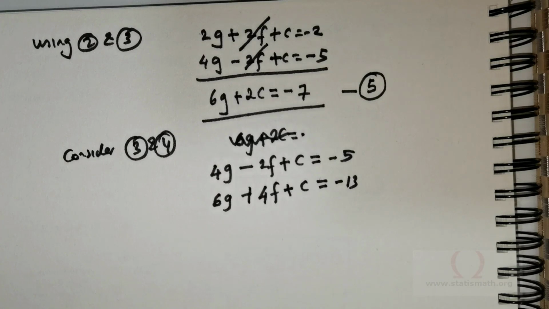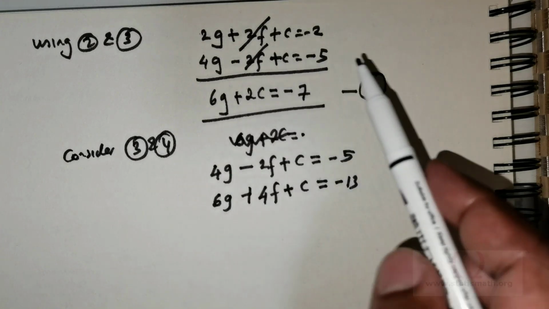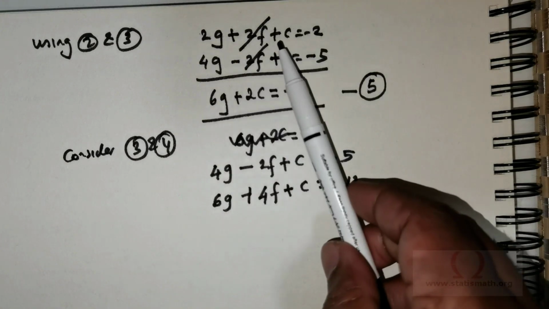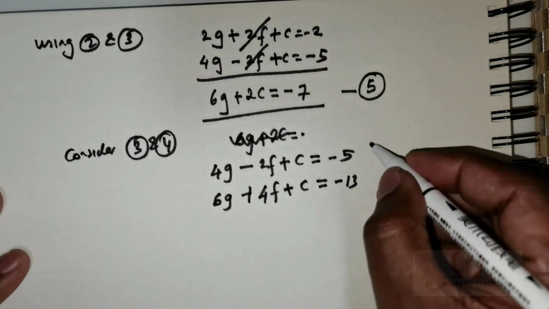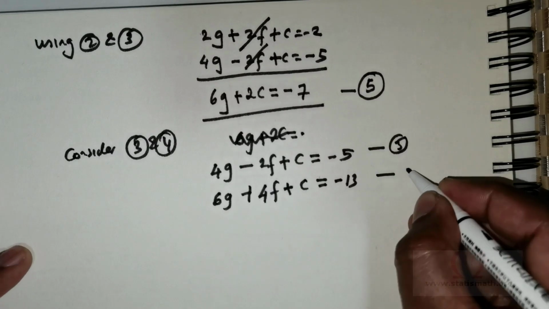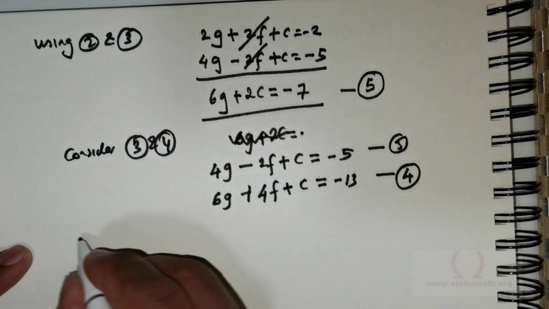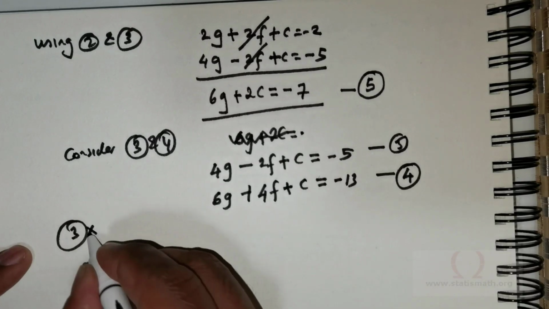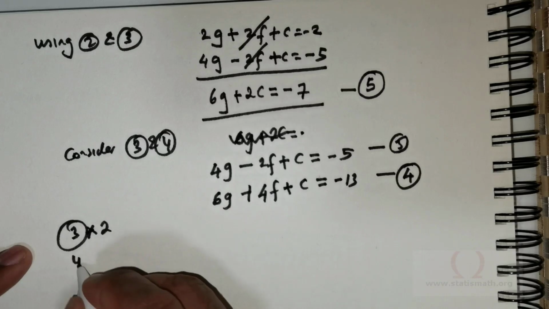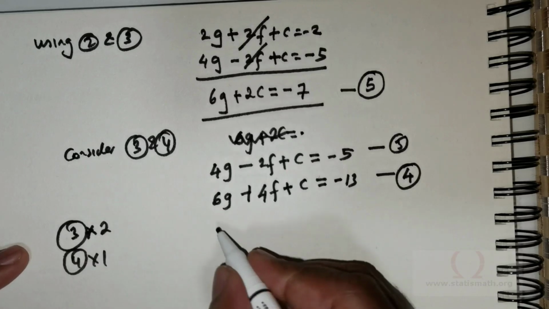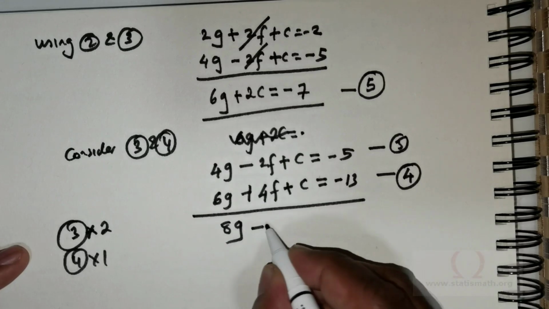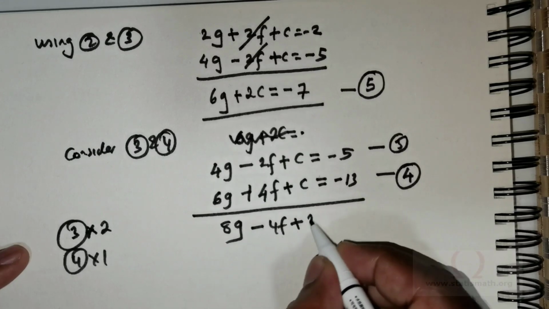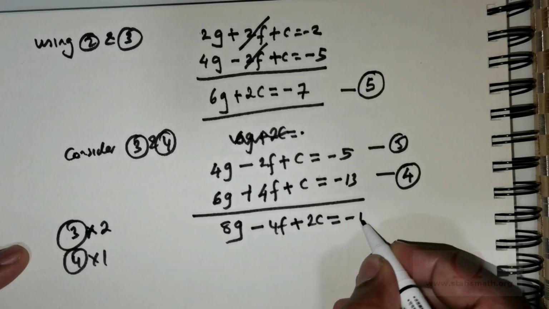Okay, so in the first case I have actually eliminated f. So I want to eliminate f also in this case. So this is my 3 and this is my 4. I will multiply 3 with 2 and multiply 4 with 1. So this is going to be giving me 8g minus 4f plus 2c is equal to -10.